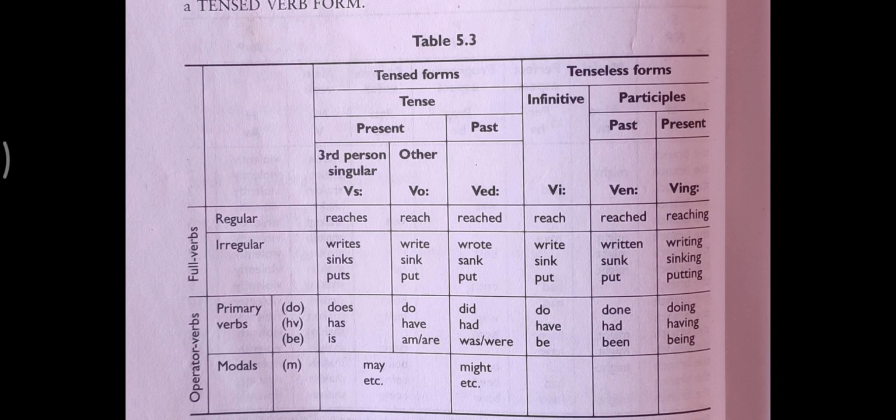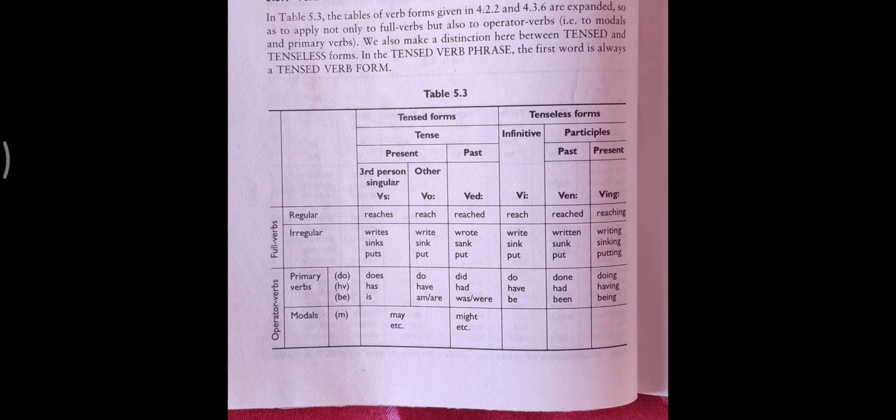Progressive is reaching. So like this: written, writing; sunk, sinking; put, putting; done, doing; had, having; been, being. So like this we have tenseless forms of these verbs.